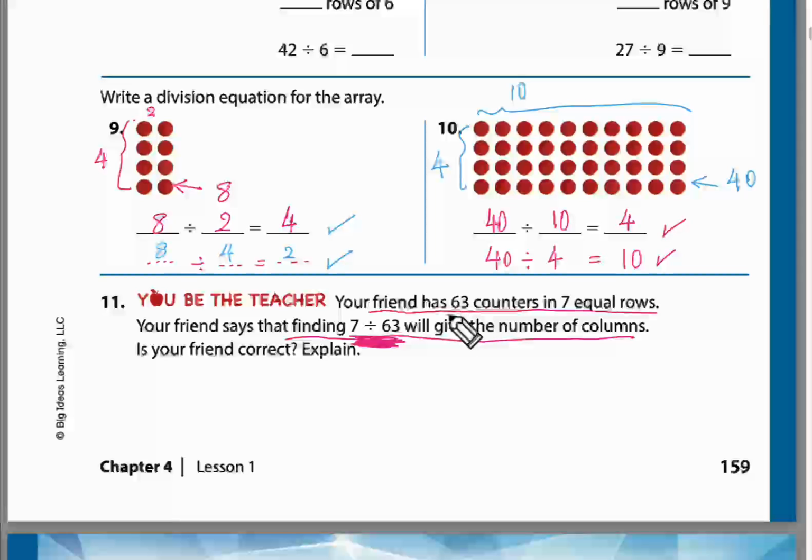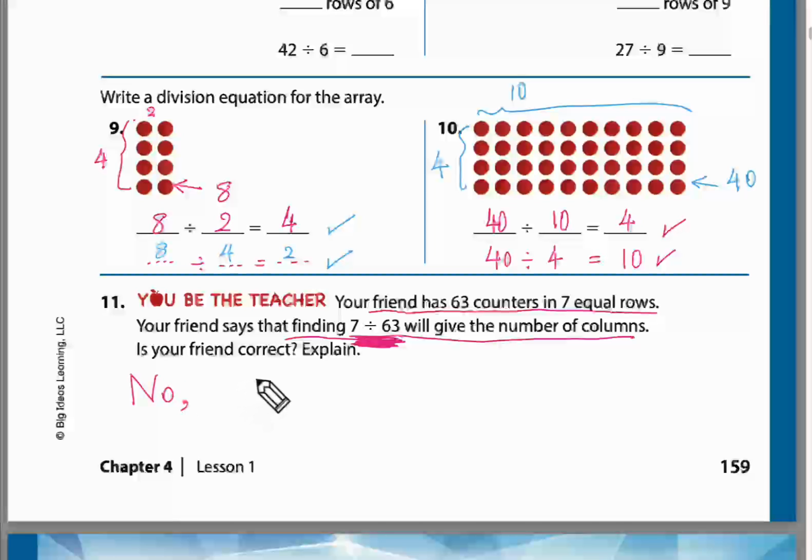Okay, thank you, Abdullah. Who can tell me what should be the dividend? I know the dividend. Okay, Abdullah Durman. Yes, what should be the dividend? 63. Excellent. The dividend should be 63 because 63 is the total. So you don't agree with this. You should write the 63 first because it's the dividend, then write the divisor, which is 7. So the answer should be no, we don't agree with him. Why?